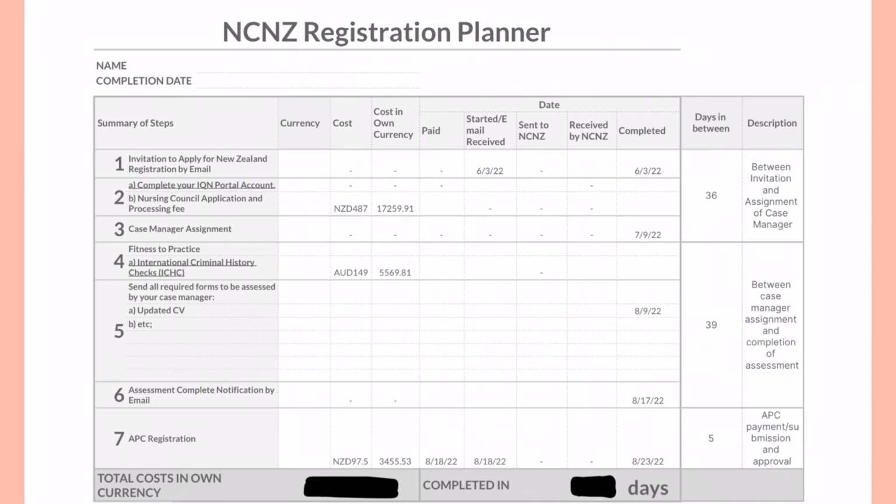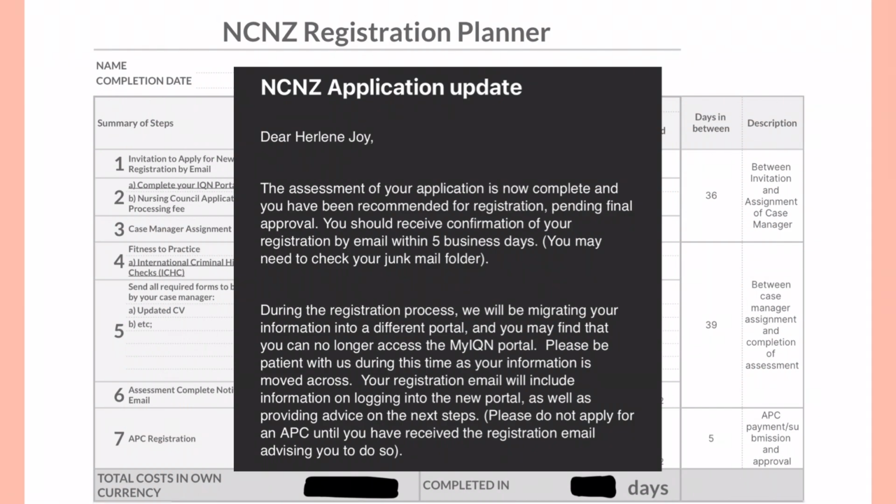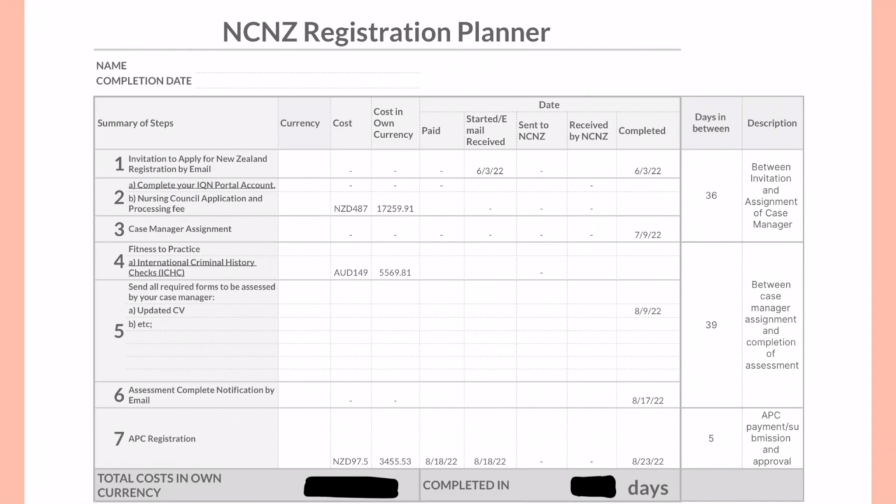And once you provide everything that your case manager requires, you'll receive an email. And the email will look something like this. And so the assessment process took me around 39 days.